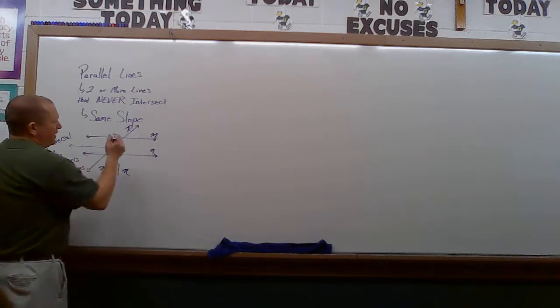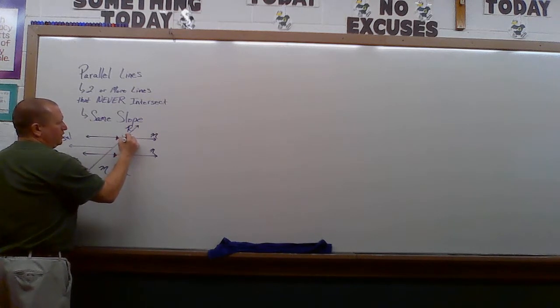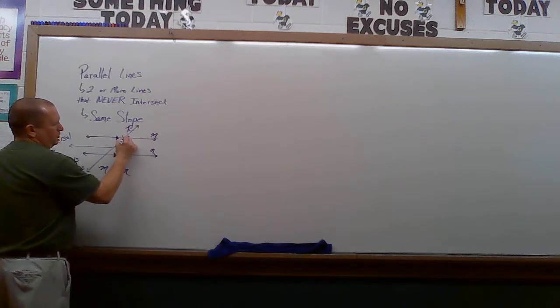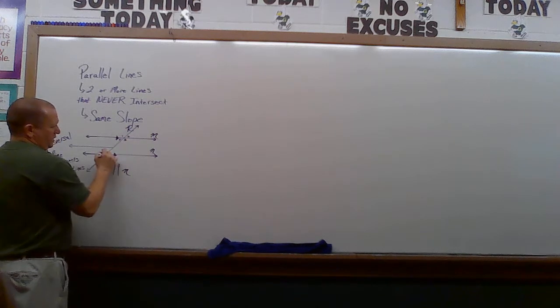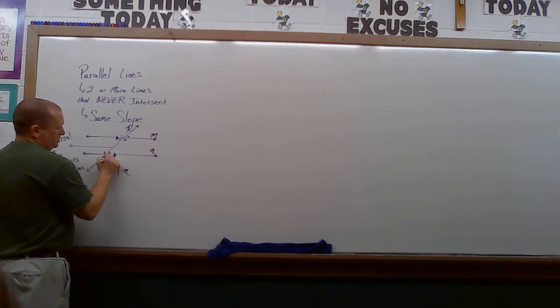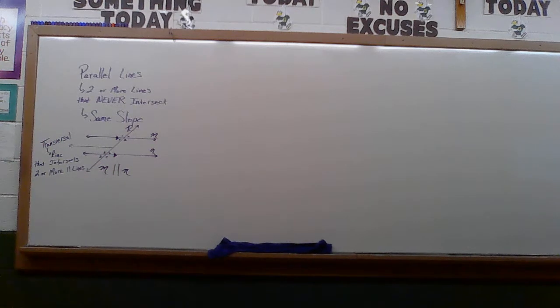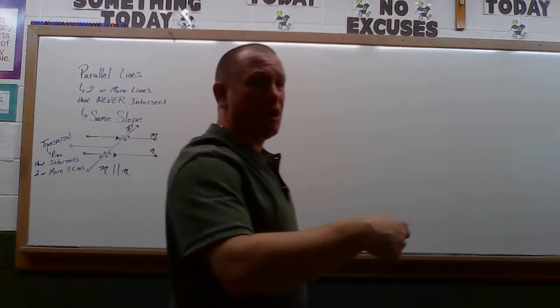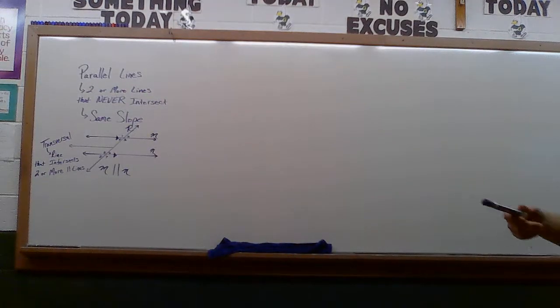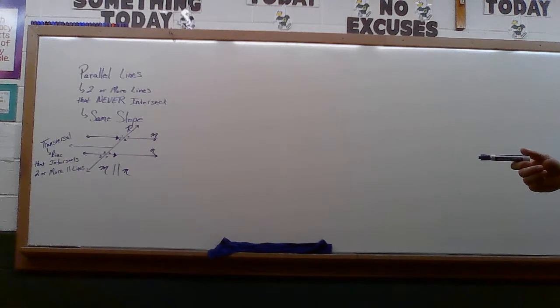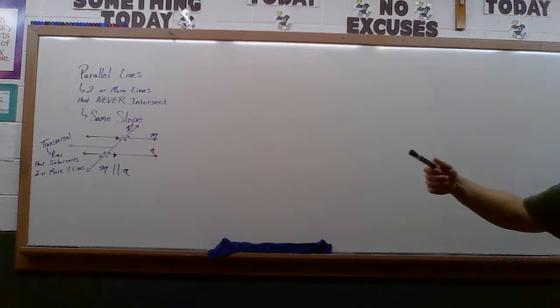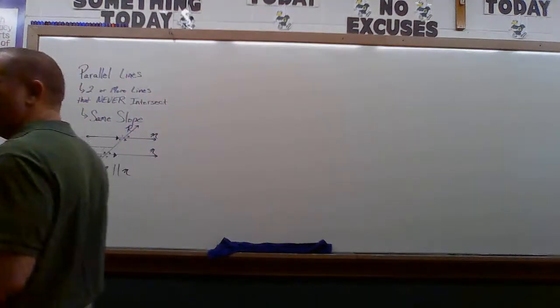If I started right up here and named this angle 1, 2, 3, 4, and then 5, 6, 7, and 8. Everybody okay with all that? Every time that I draw a transversal across parallel lines, I'm going to form those 8 angles every single time. And I don't have to write them in that order. I can write them in any order that I want.